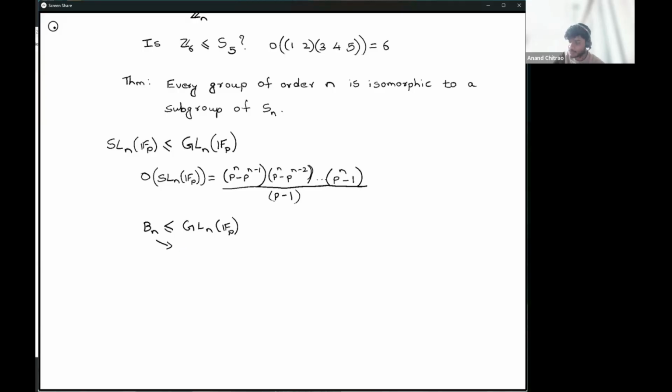This is the subgroup of upper triangular matrices. These are really important. Then there is a further subgroup of these denoted by Tn. These are the diagonal matrices.